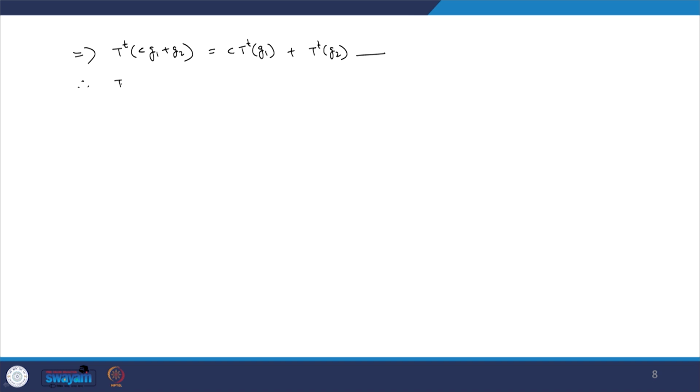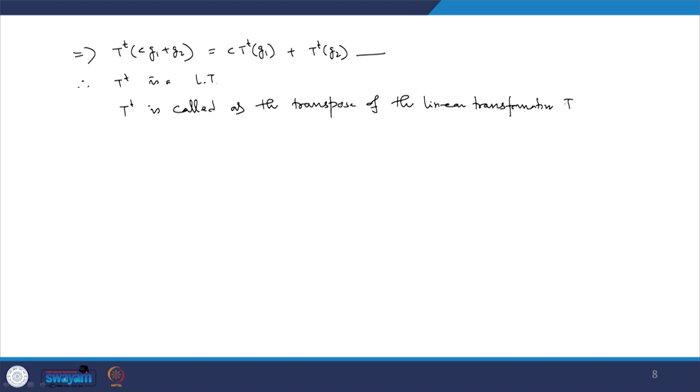So, T t is a linear transformation. T t is called the transpose of the linear transformation T. So, T t is the transpose of T.